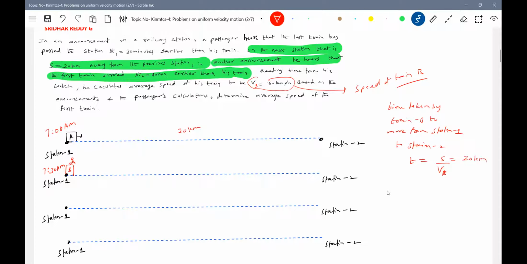This will be 20 kilometers over 60 kilometers per hour, so everything becomes 1/3 hour. 1/3 hour means 20 minutes.